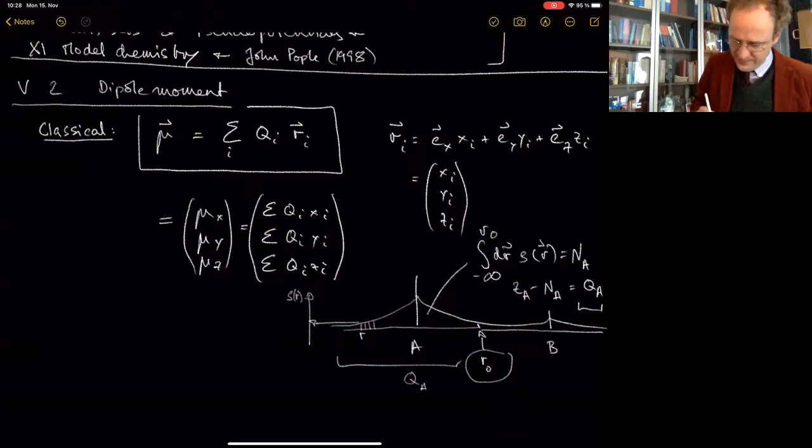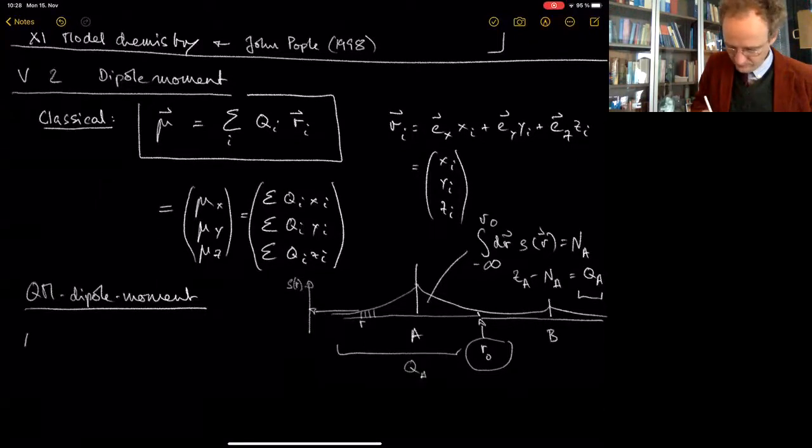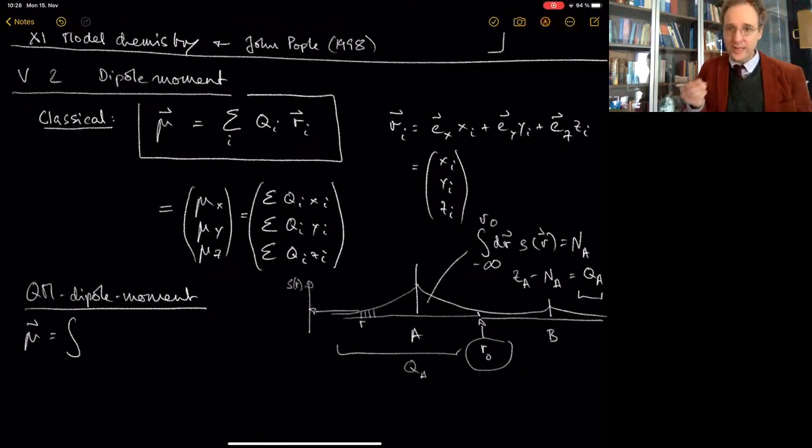So really the QM dipole moment becomes an integral. You don't sum over your charges anymore. You integrate over space, and there you have your charge, rho of R, times the distance vector.